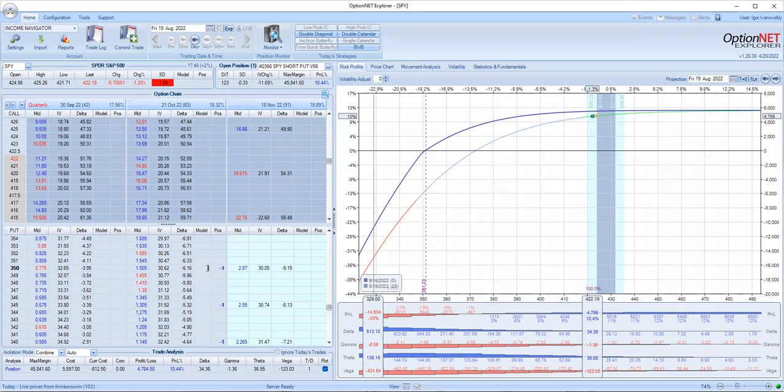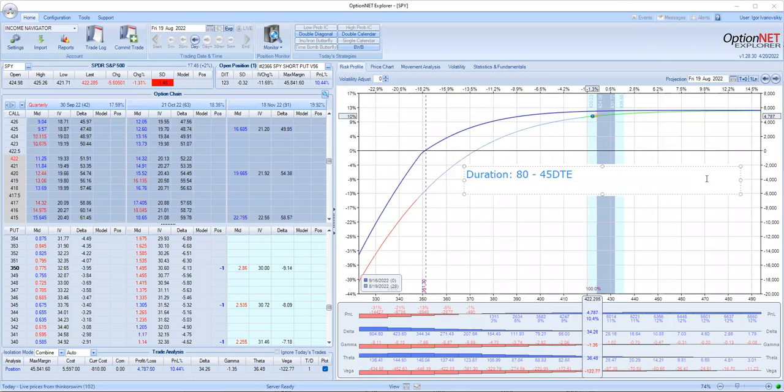So let's see if I can write something on here. I'm going to use this. Let me know if you can see the notes. So the duration of this trade is 80 to 45 DTE. Okay.